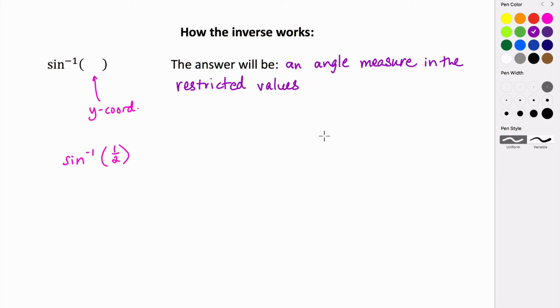So basically what this means is the sine of some angle is equal to 1/2. What is that angle? So let's take a look at trying to evaluate some of these kinds of problems.